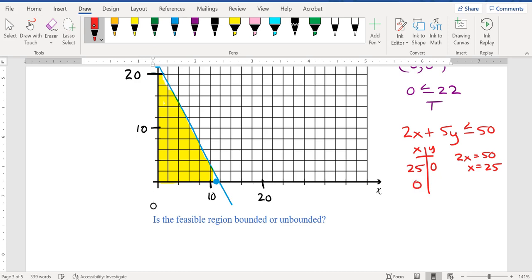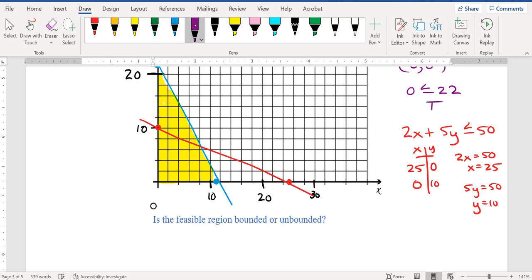If x is 0, I get 5y equals 50. So y is 10. So I have the point 0, 10, and I have the point 25, 0, which would be here. So there's that line.